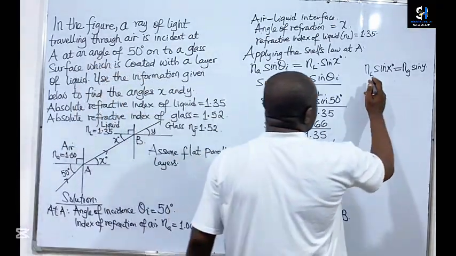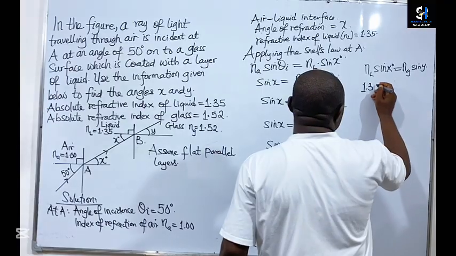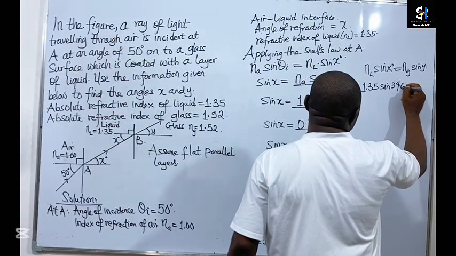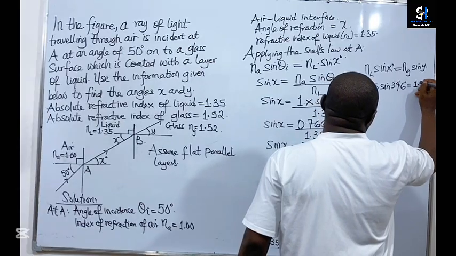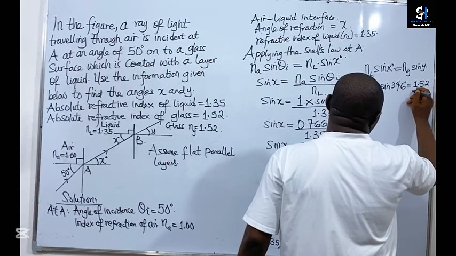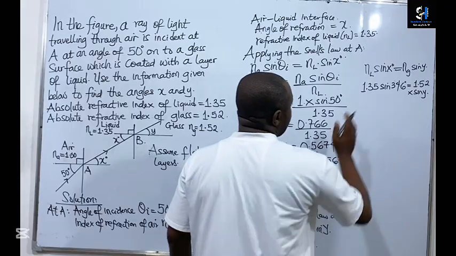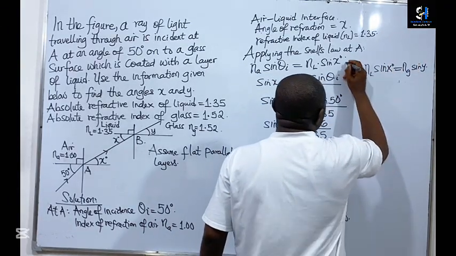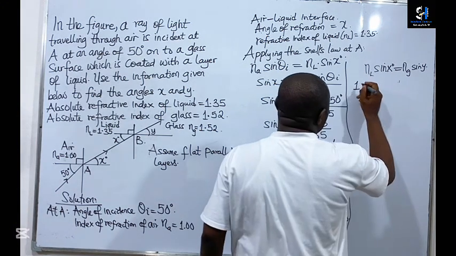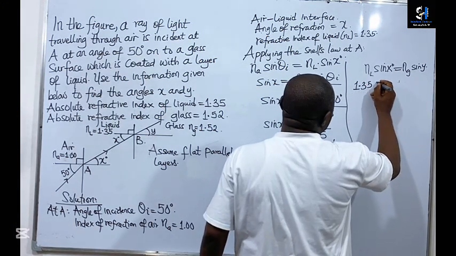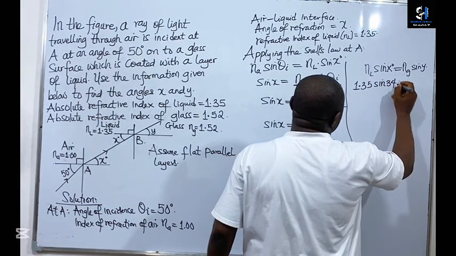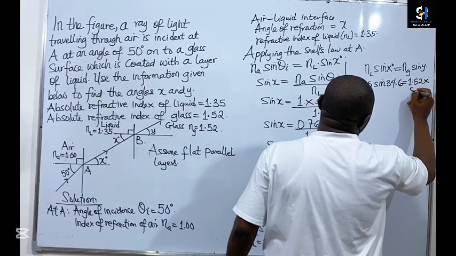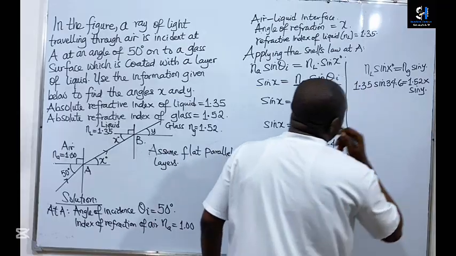So 1.35 sine 34.6 equals 1.52 multiplied by sine y.